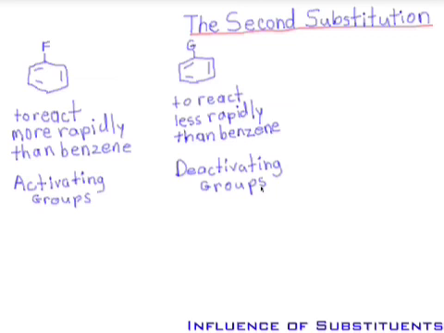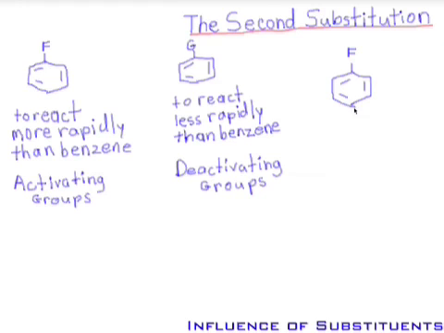Now it turns out that the substituent position is also important to determining where substitution occurs. That is, if I have an aromatic ring, EFG, I can get substitution.